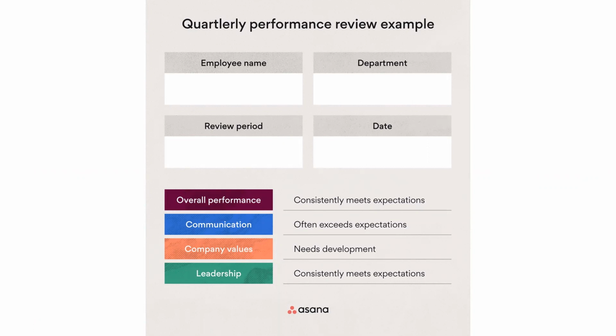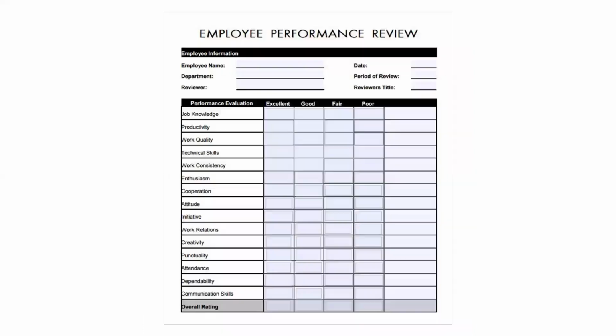Overall performance, communication, company values, and leadership. So you can have ratings like consistently exceeds expectations, often exceeds expectations, meets expectations, and needs development. This is the simplest format.